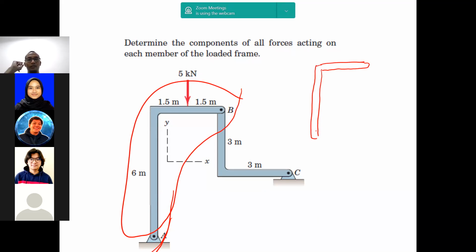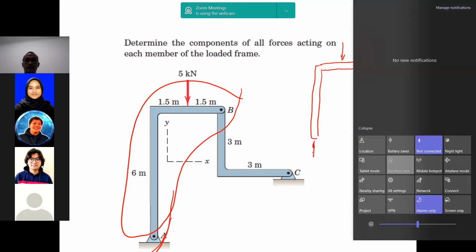Still Amadia, can you help me to draw all the forces which are happening at AB? There should be an upward force, AY. AY, what else? AX to the right. AX, what else?